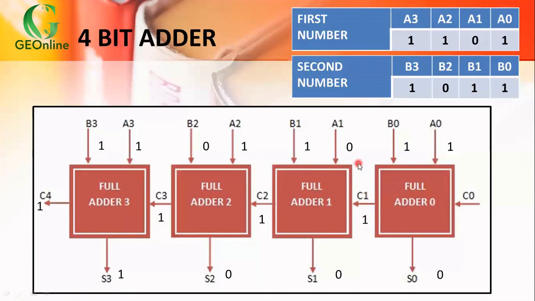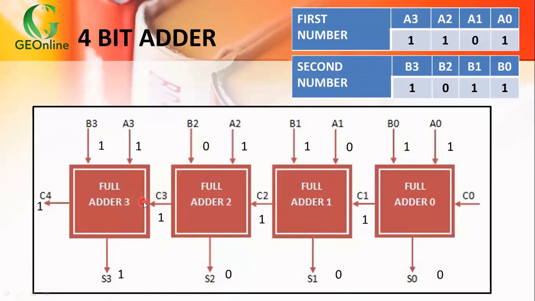Therefore 1 plus 0 plus 1 is 10, 0 is sum S1 and carry 1 is forwarded to next full adder. For next full adder, A2 is equal to 1, B2 is equal to 0 and carry here, 10 is the answer, 0 as the sum and carry is forwarded to next full adder.